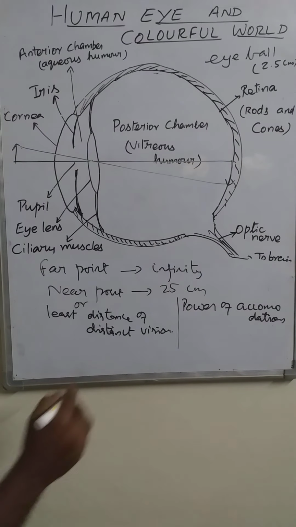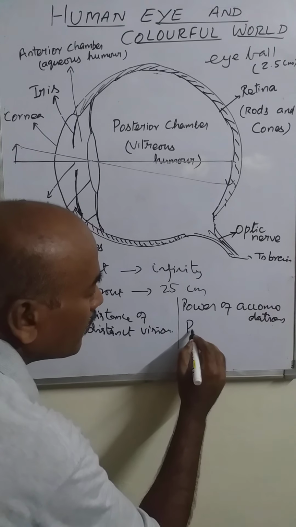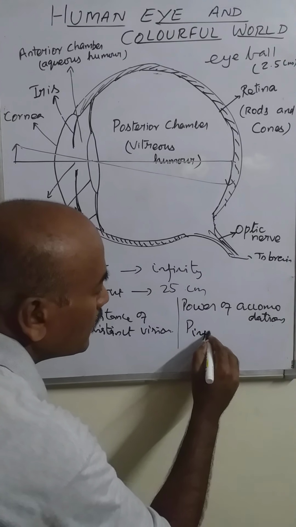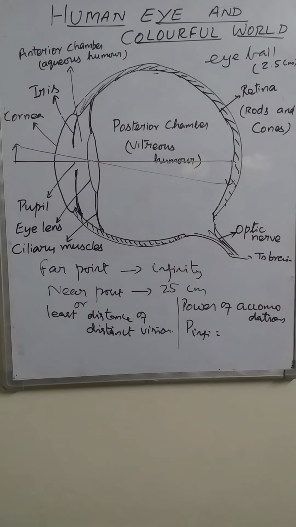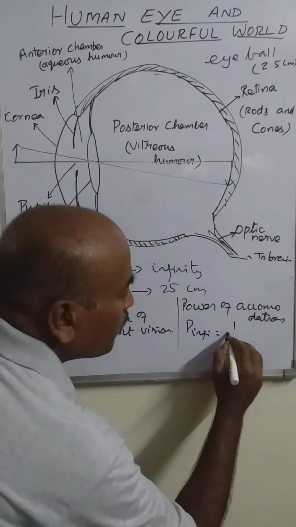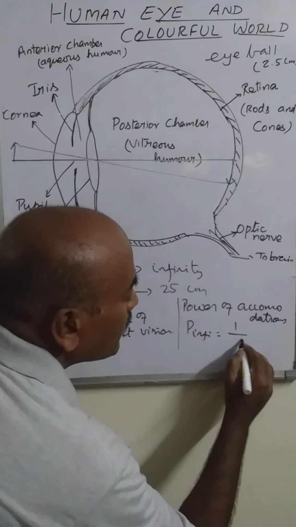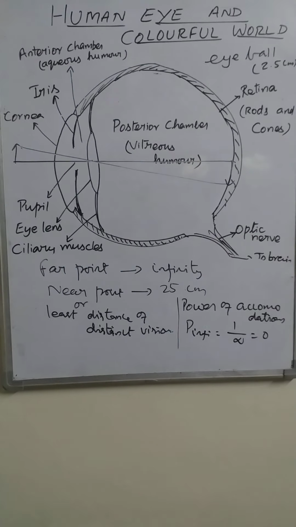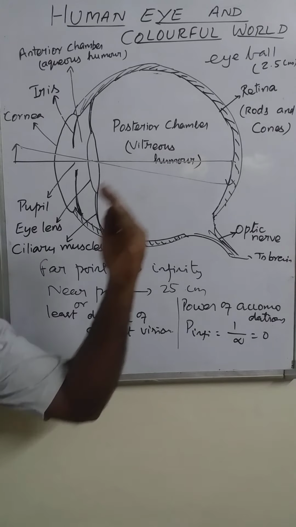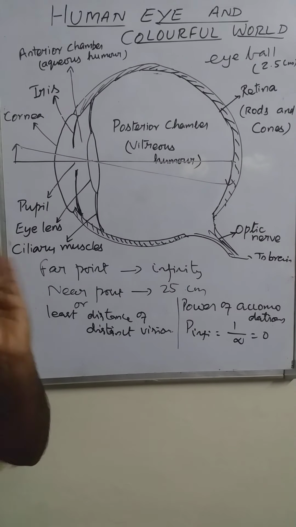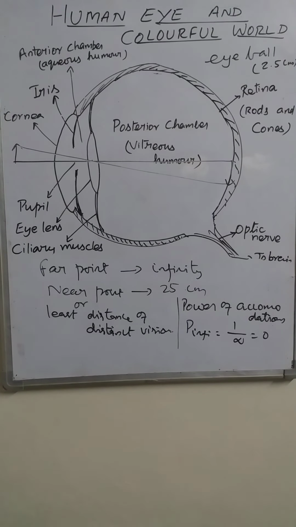For the longest distance, for infinite, the power. We know the relation: power is equal to 1 upon focal length. This is 1 upon infinity, that is 0. When we see any object at a longer distance, no power of lens is required because it becomes very thin, and no power is required.